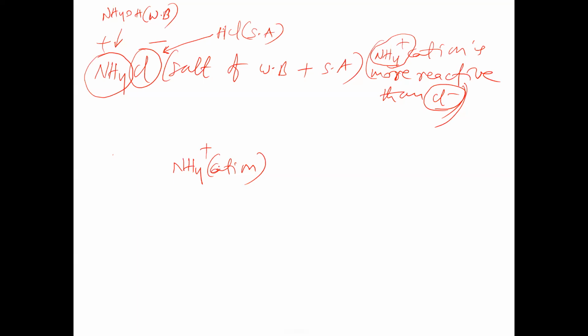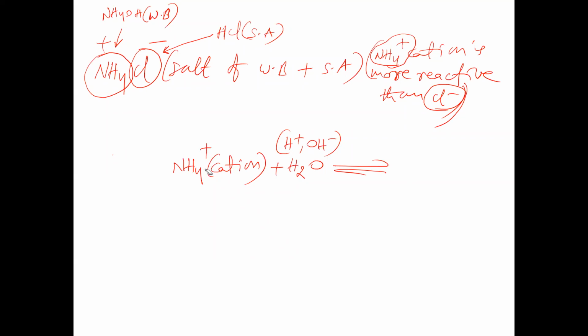Interaction with water is called what? The cation is NH4 plus here. This cation will interact with H2O. In H2O, what will be there? H plus ions and OH minus ions will be there. So in this salt hydrolysis, what happens? NH4 plus will react with water.